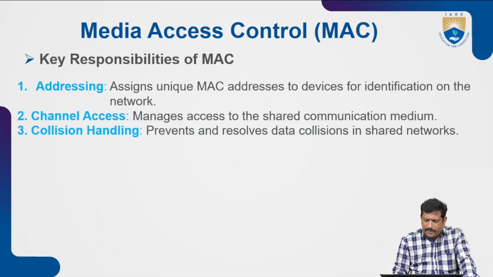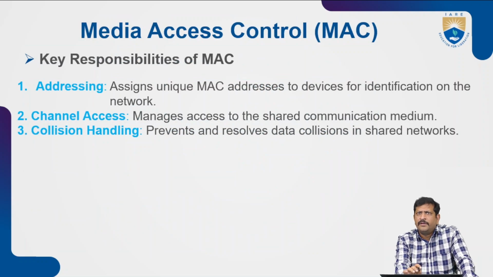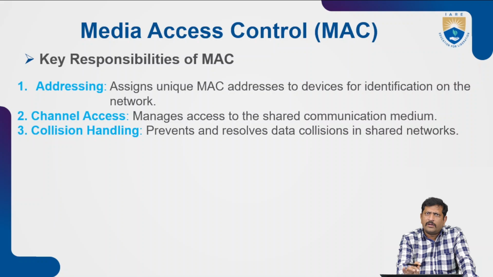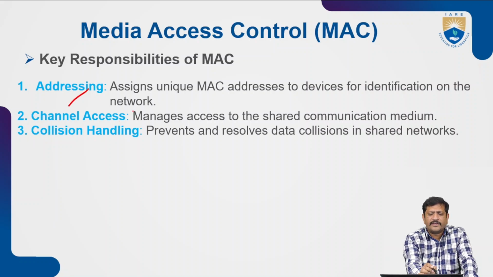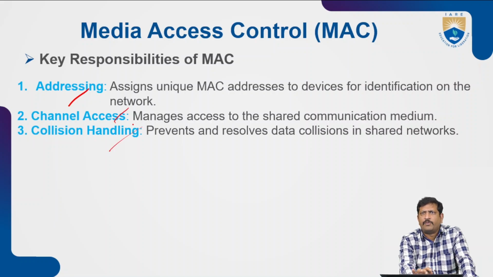So this is about the history of the MAC. If we take the MAC protocol, the key responsibilities of the MAC protocol are addressing, channel access and collision handling. These three are the key responsibilities. Addressing means the manufacturer gives a unique MAC address to the device.